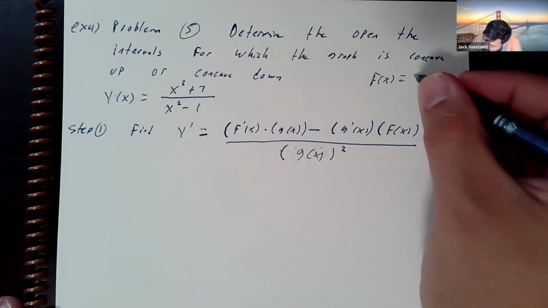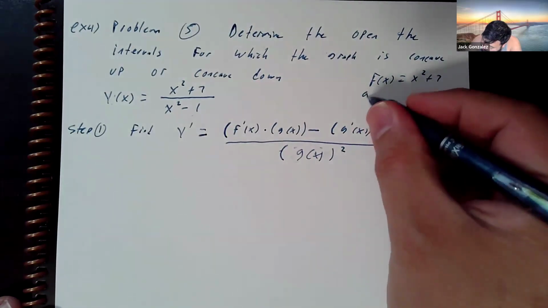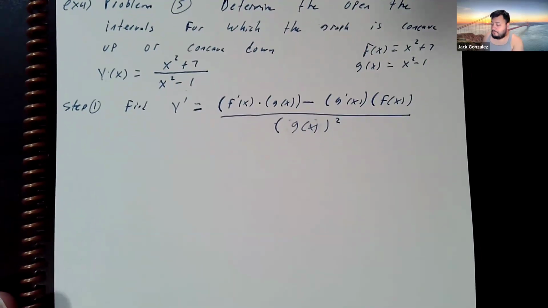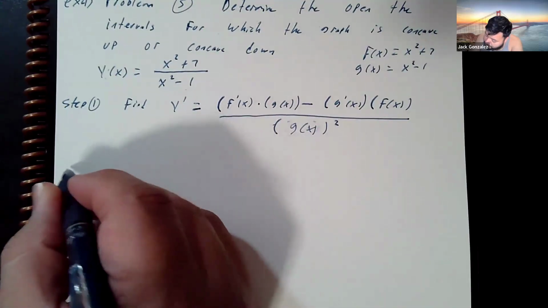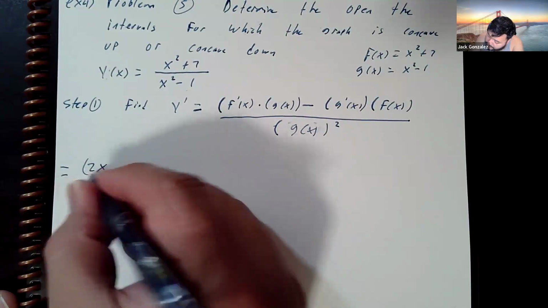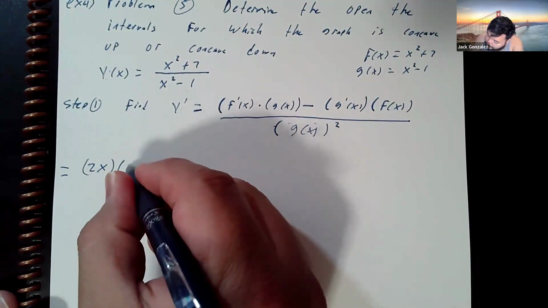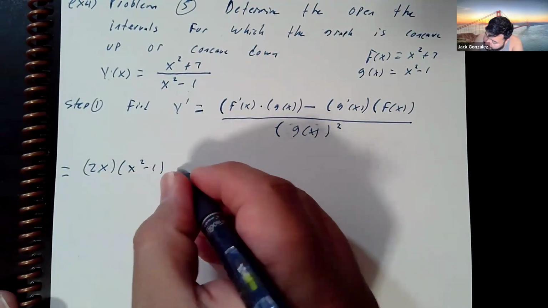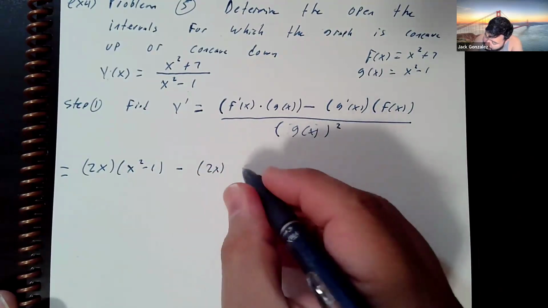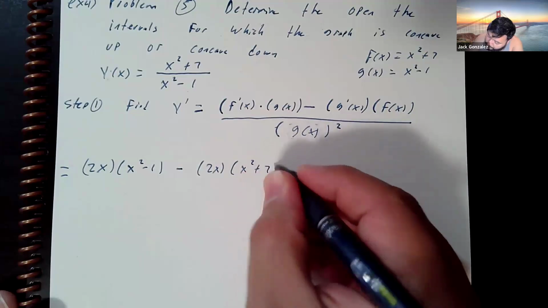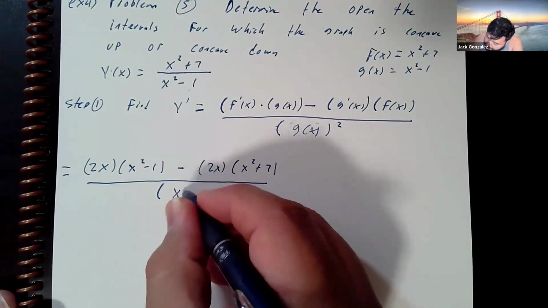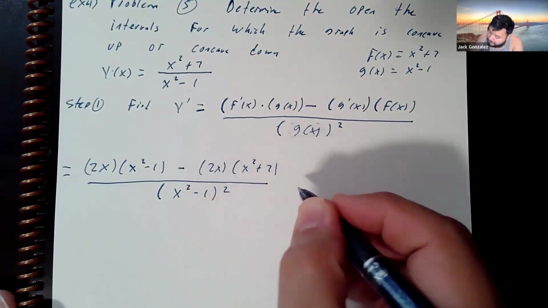So F is this top part, G is the bottom. Derivative of F will be 2x times G minus G prime times F, over x minus 1 squared.